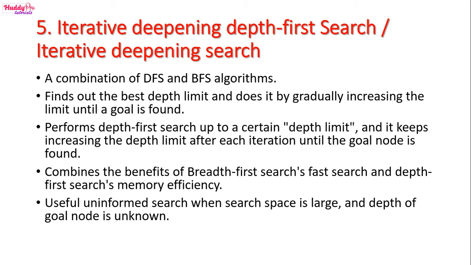Now this algorithm performs depth first search up to a certain depth limit, and it keeps increasing the depth limit after each iteration. So this iterative deepening depth first search algorithm is useful in uninformed search when the search space is large and the depth of the goal node is unknown.